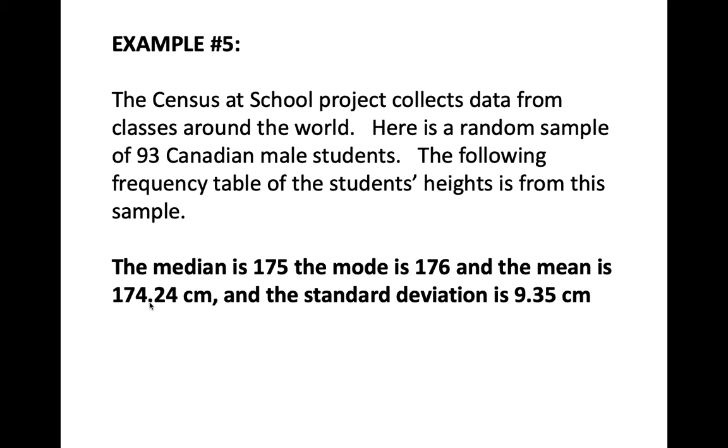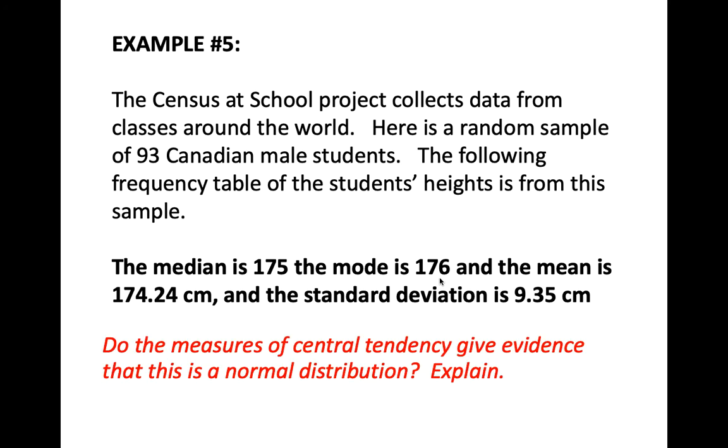If we look at these three measures of central tendency, the mean, median, and mode, we see that these numbers are really quite close together. 175 is very close to 174 and a quarter, and it's not that far from 176. The position of these measures of central tendency being so close together gives us the first indication that the data set we're looking at is probably normally distributed.